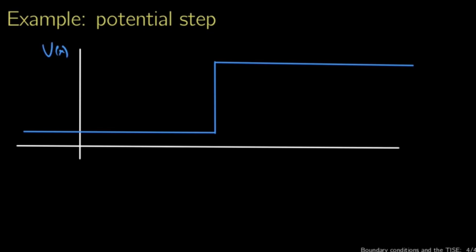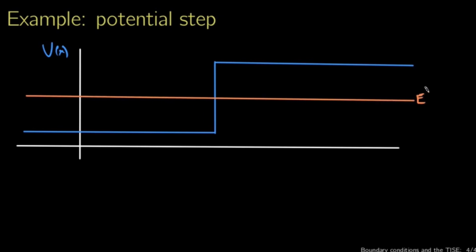Suppose we have an energy of our particle here. On this side, we know we have wave-like solutions. This is sort of our free particle case, so we're going to have wave-like solutions here for our wave function psi.